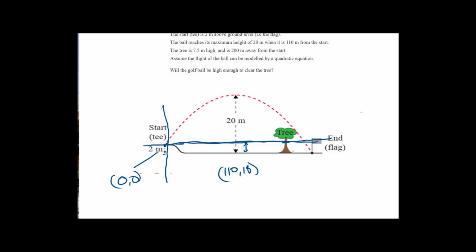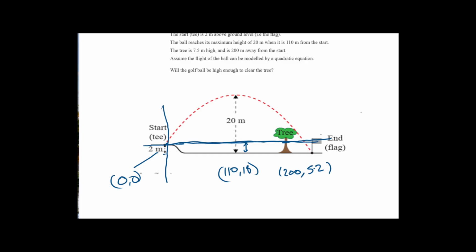And the tree now is going to be 200 meters down. We don't know the height. But the tree, actually we do know the height. The tree itself is 7.5 meters. When we take that 2 meters off, it's 5.5.